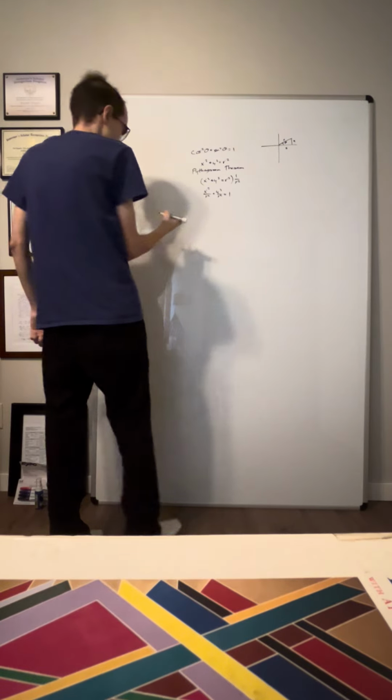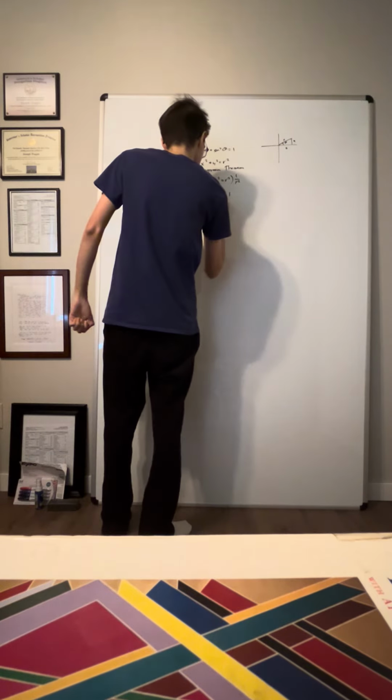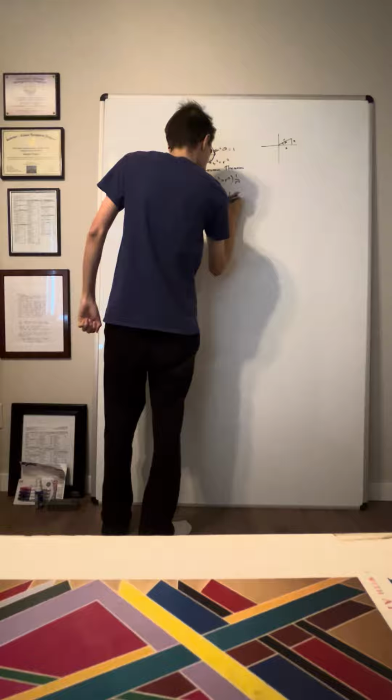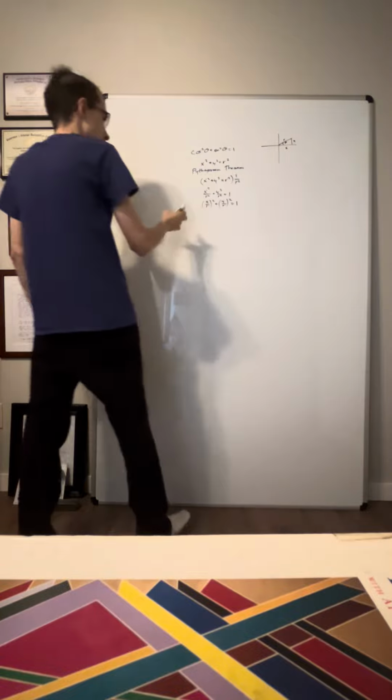So, okay, let's take the square out of both of the pieces. So we have (x over r) squared plus (y over r) squared equals 1.